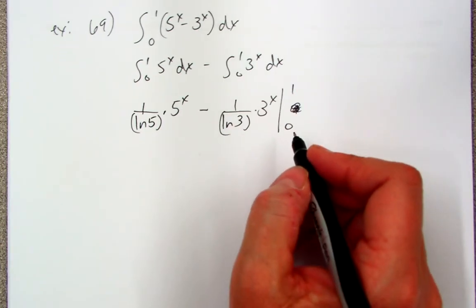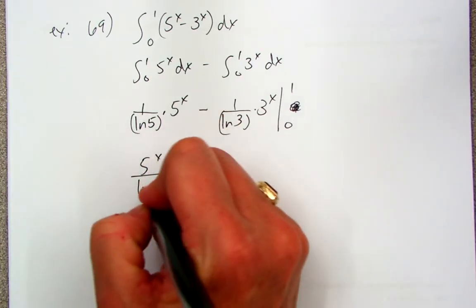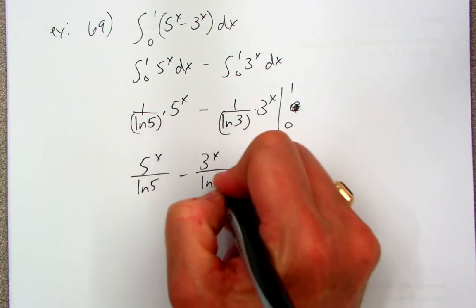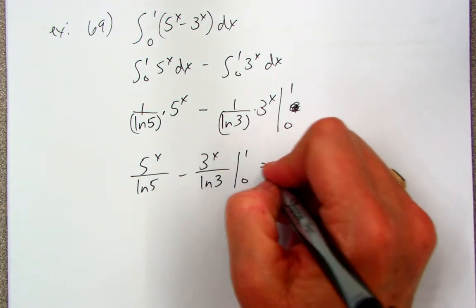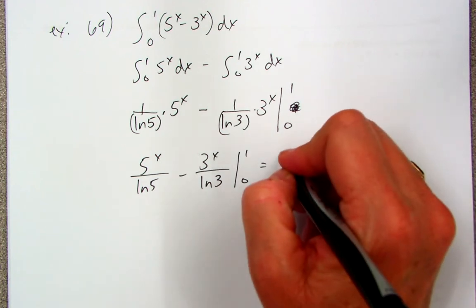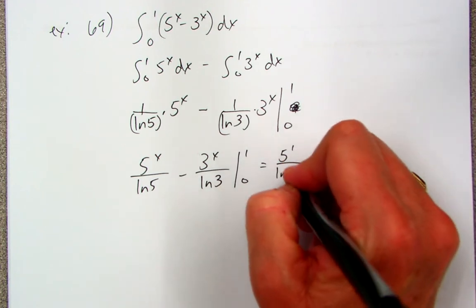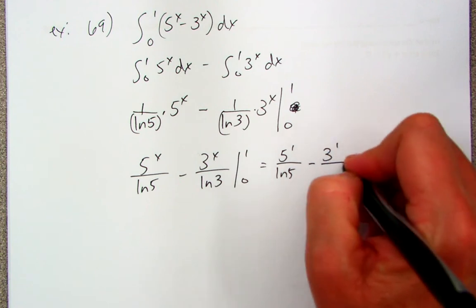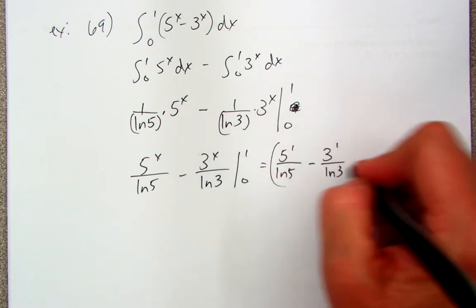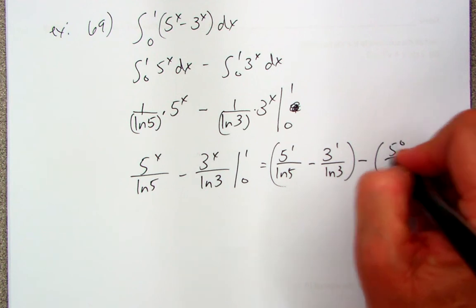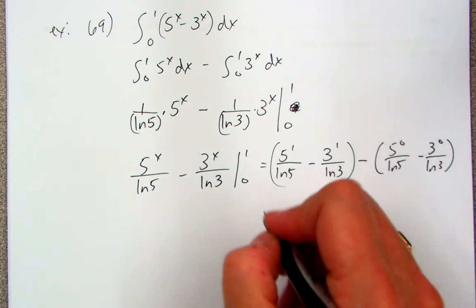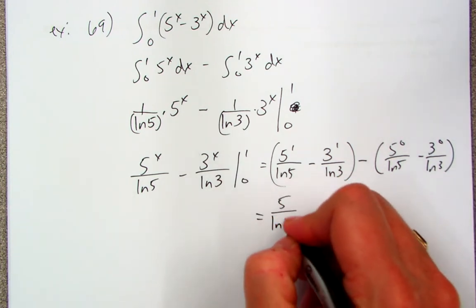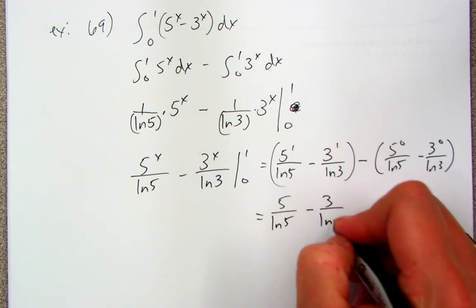Before I do that, I'm going to clean that up a little bit. And I think I'll go ahead and proceed. 5 to the first power, right, so I used 1 minus, so that's just 5 over natural log of 5 minus 3 over natural log of 3.